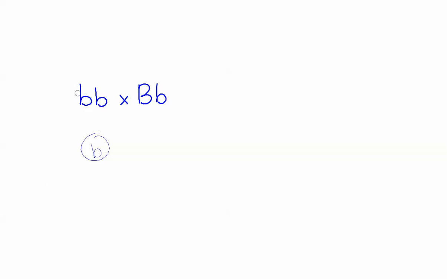Why? Because that's all she has to give. Now, some people like to draw another egg, but that doesn't mean anything. This is where I go a little crazy. All the woman can donate to her ova is the recessive gene, because that's all she has. So 100% of her ova will carry the recessive allele.